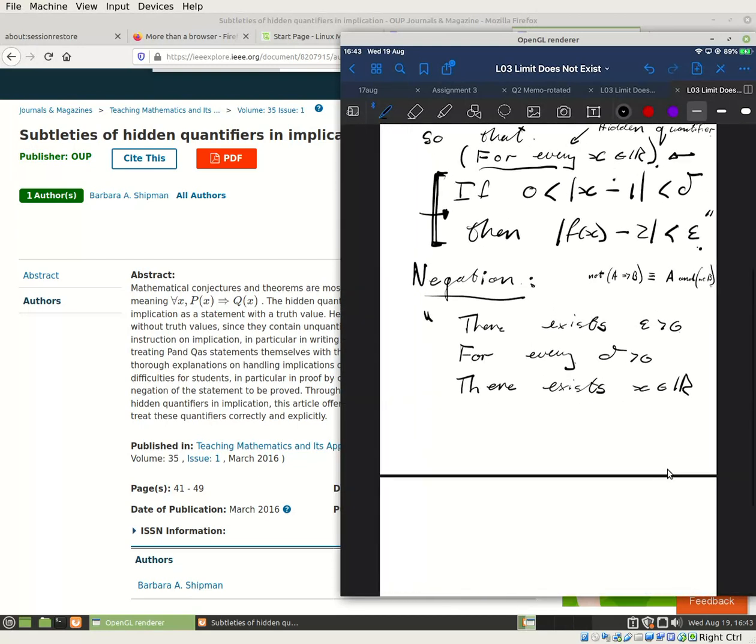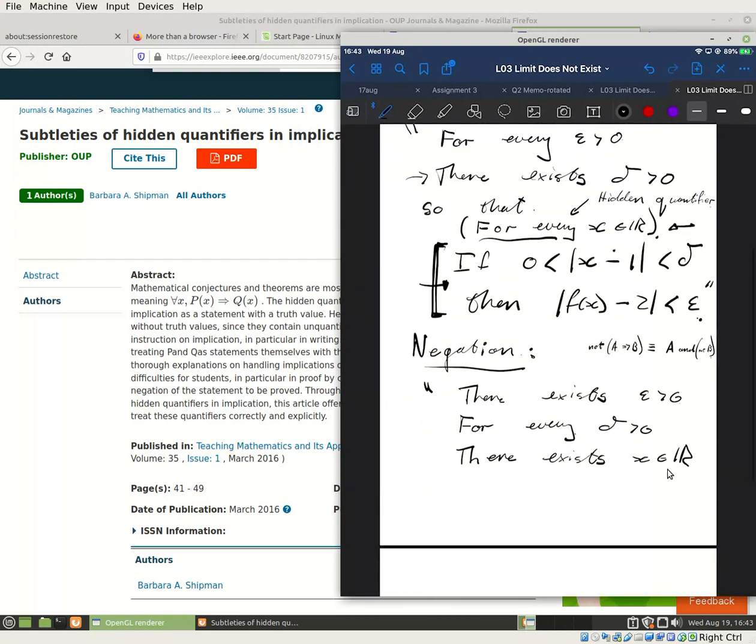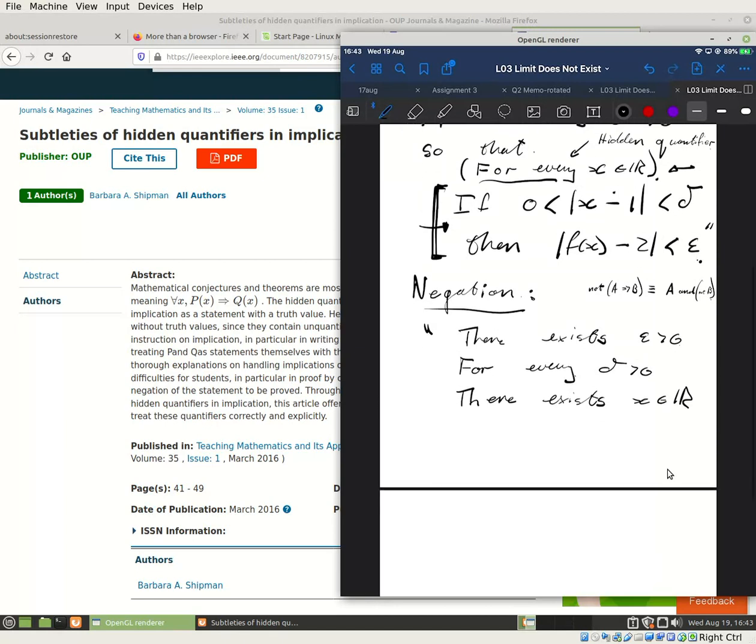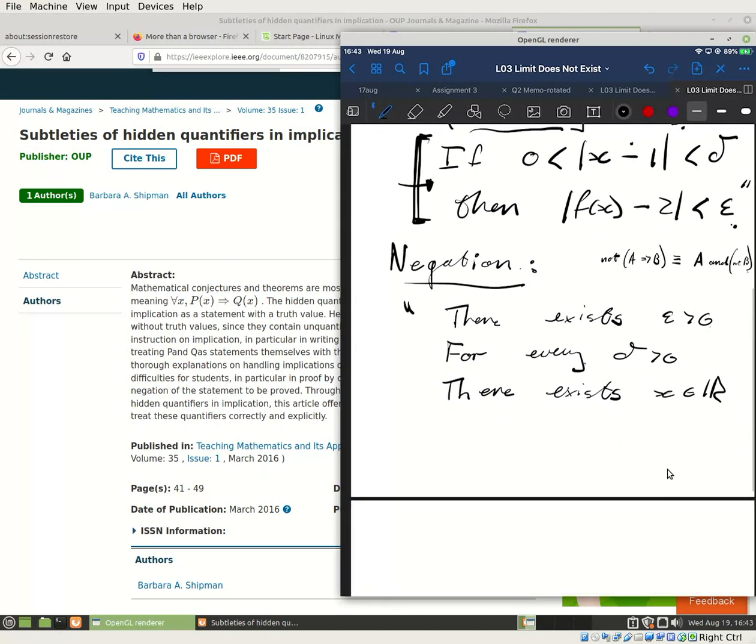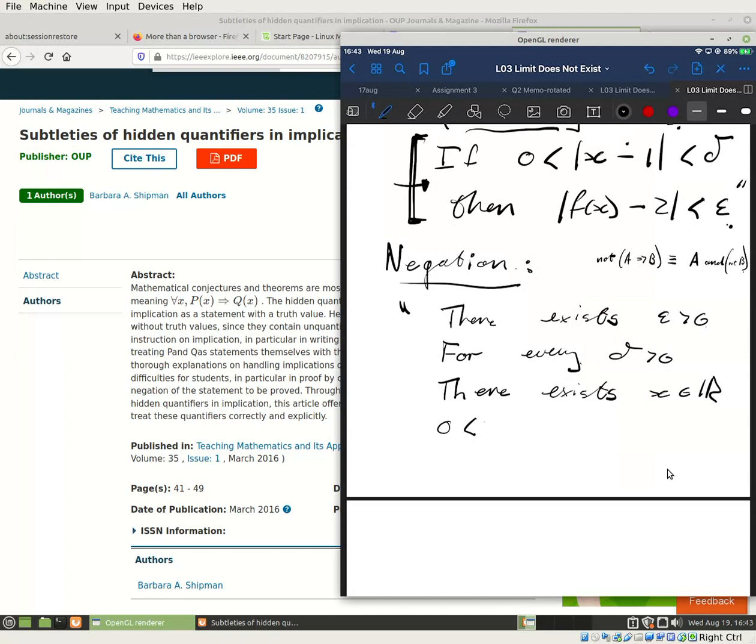So here we have this implication that we want to negate. The negation there is 0 is less than absolute value of x minus 1 is less than delta.